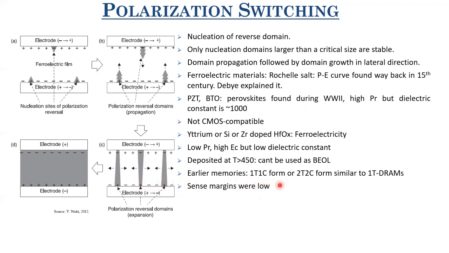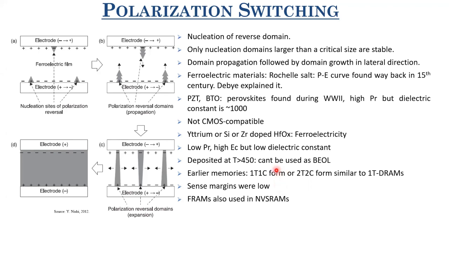The ferroelectric capacitance in the case when it is completely discharged, and in the case when it is polarized, shares different amounts of charge. That charge was stored on a floating node, which was the bitline, and then they just sense that bitline voltage. If you're relying on charges on any floating node, then definitely your sense margins would be very low, and that is what was happening here.